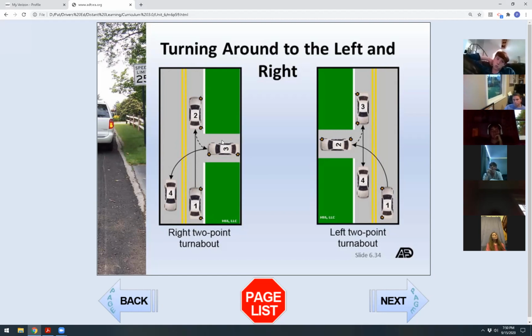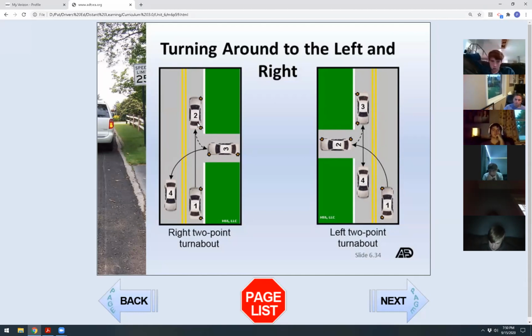The opposite of that, if we were to use a driveway that's on the left, think about when you leave a driveway on the left to go into this lane, there's only one lane of traffic. But when we turn into it, there's two directions of traffic. So using a driveway on the left, we pull forward into it and then back into the single lane, put it in drive and go.